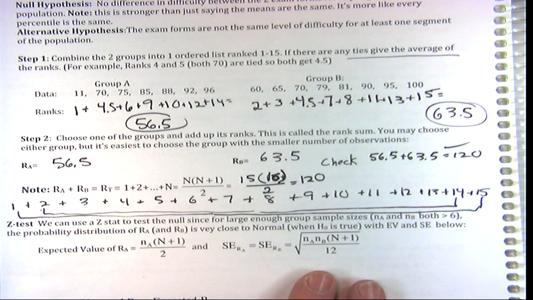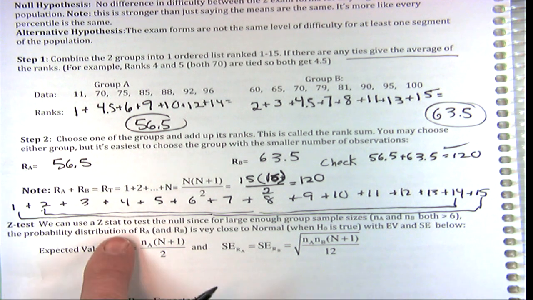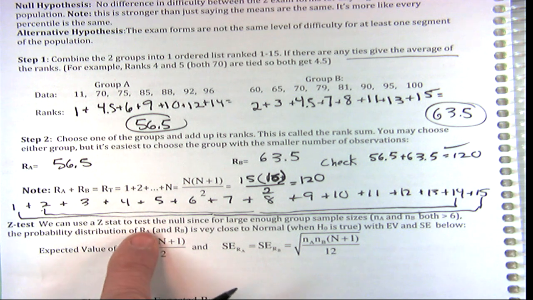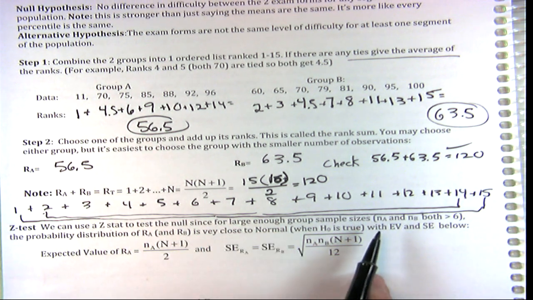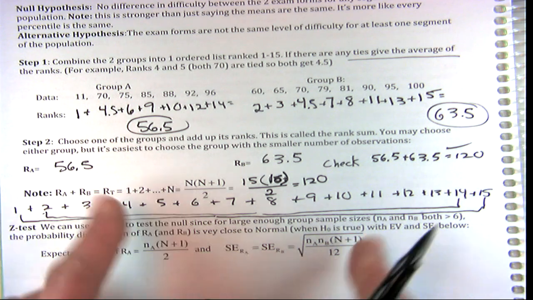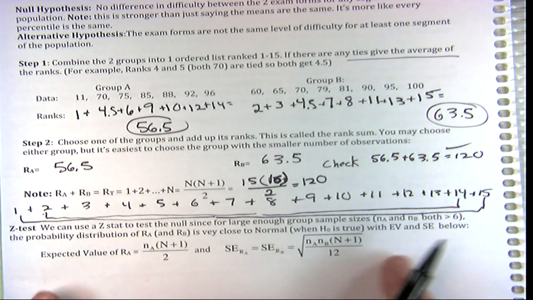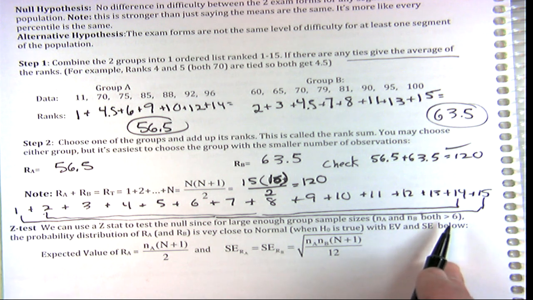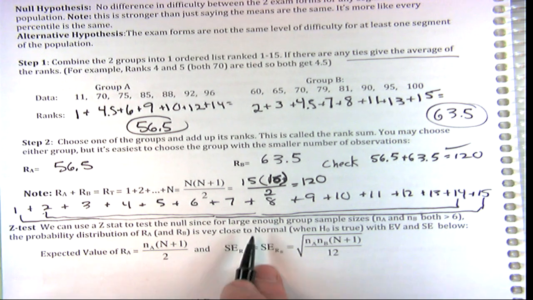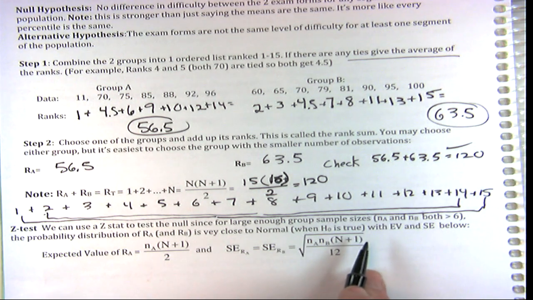All right, and now we can use a z-stat to test the null, since for large enough group samples, and we'll just use the cutoff 6 for this class, NA and NB are both greater than 6, the probability distribution is very close to normal when the null is true.